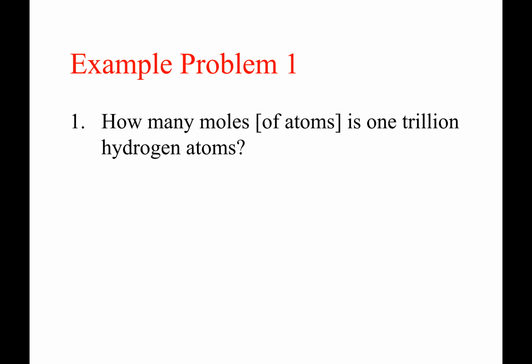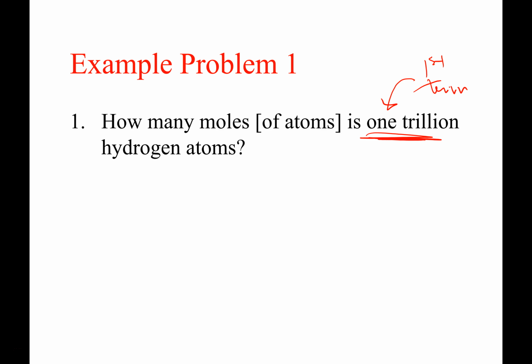When I work these problems on the next slide, the first thing is always going to be the thing I want to convert. So, how many moles of atoms is 1 trillion hydrogen atoms? That's going to be my first term: 1 trillion hydrogen atoms over 1.